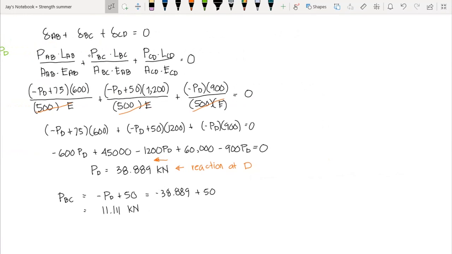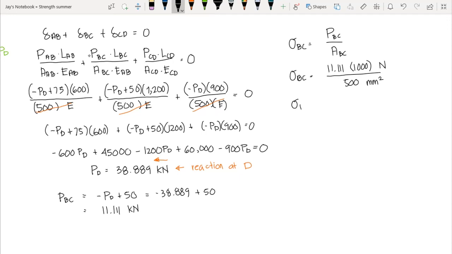So using PBC here, our stress in BC is equal to the actual force in member BC over the area in BC, that is 11.111 multiplied by 1000 so that we have Newton as our unit, over the area, that is 500 square millimeter.